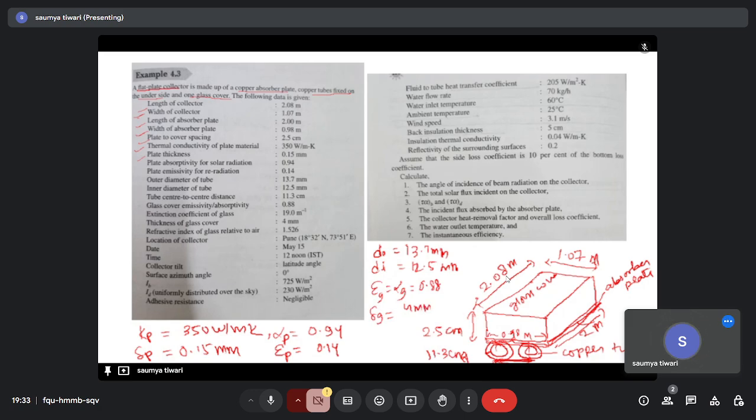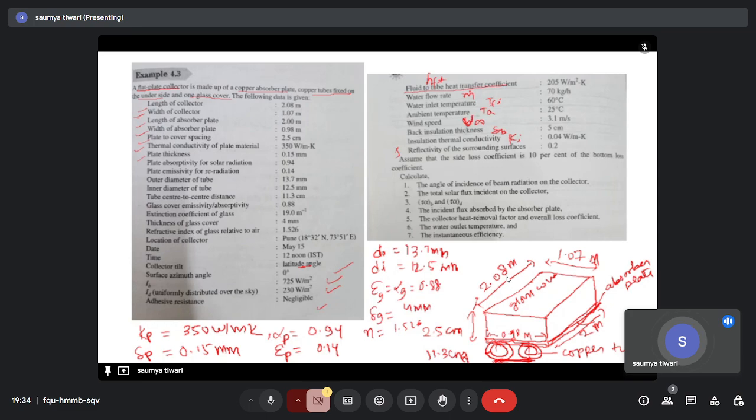Refractive index is given, and the date, time, collector tilt is equal to the latitude angle, surface azimuth angle, beam radiation, diffuse radiation, adhesive resistance is negligible, fluid to heat tube heat transfer coefficient is given. Water flow rate is given. Water inlet temperature is given. Ambient temperature is given. Wind speed is given. Back insulation thickness is given. Insulation thermal conductivity is given. Reflectivity of the surrounding surface is given.